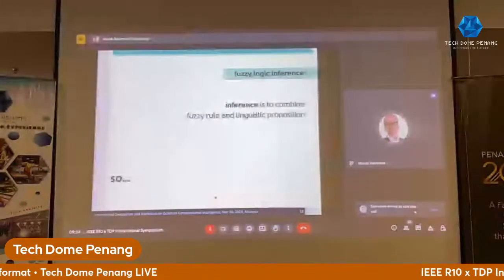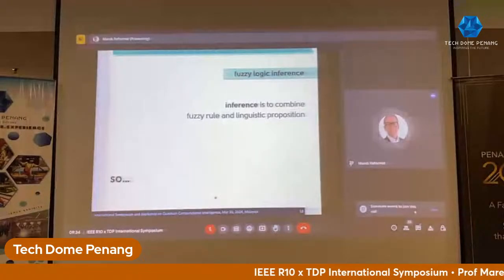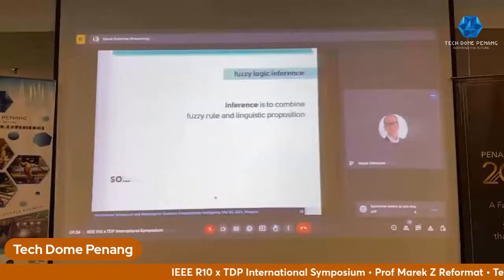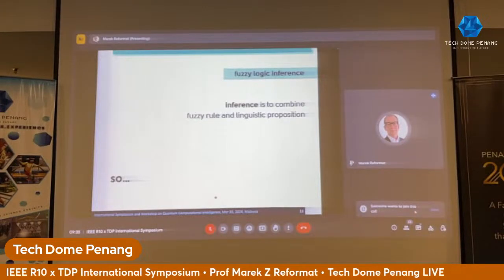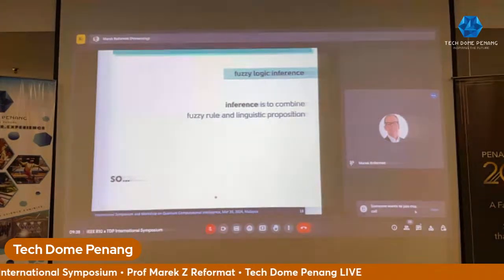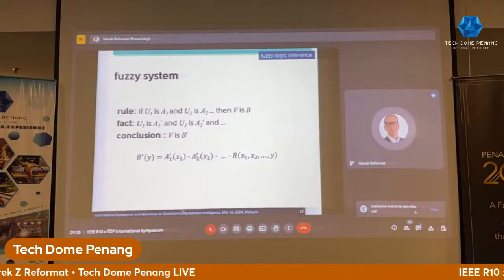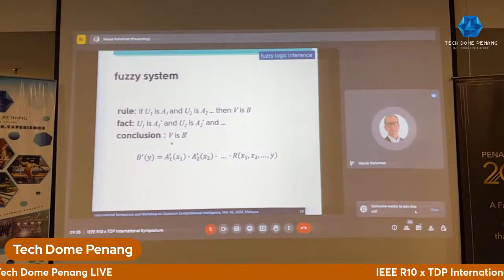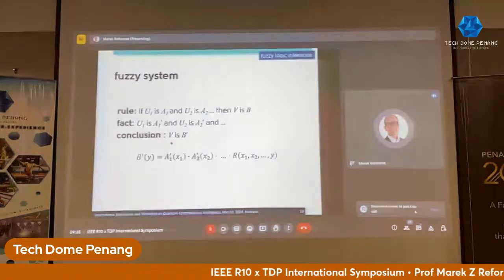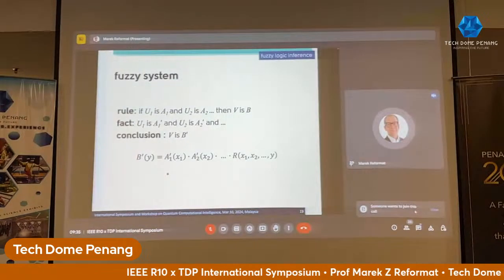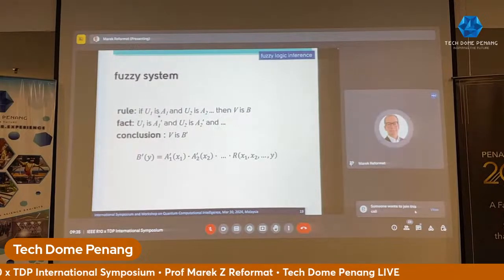Now we will take a look at how we can put rules together and eventually obtain some kind of output through inference. This is the mathematics. I will just show you that, and then show examples which will give you a better understanding of what is really happening. We have a number of rules, something we just talked about.